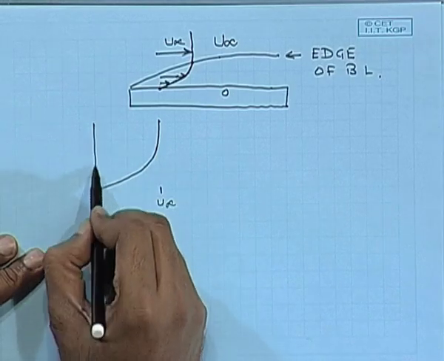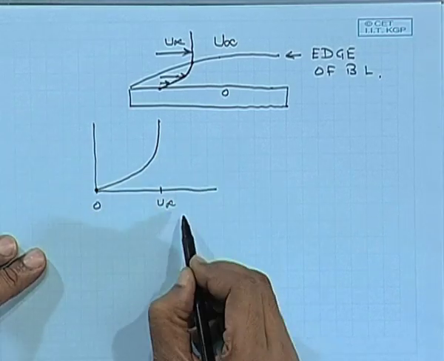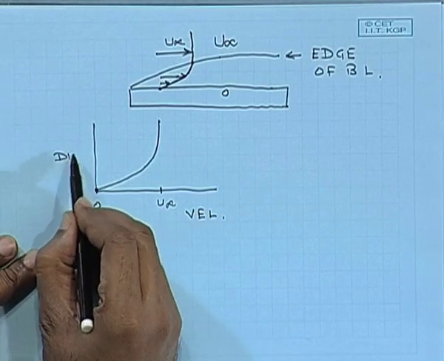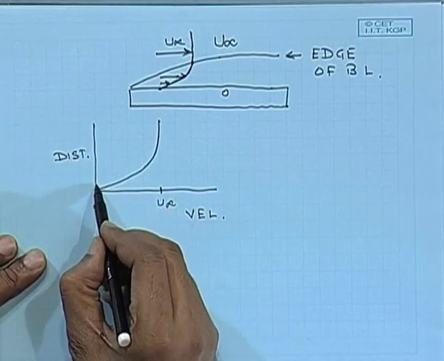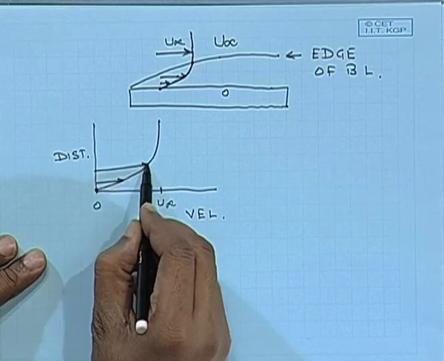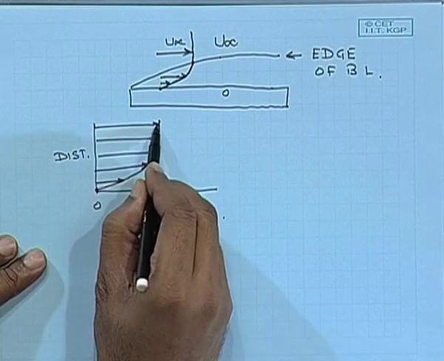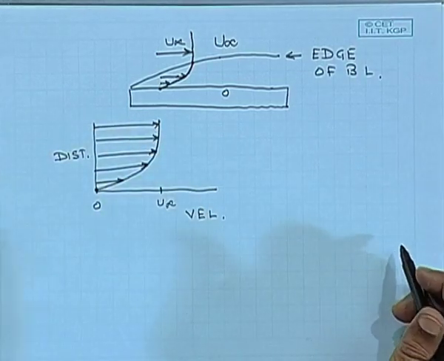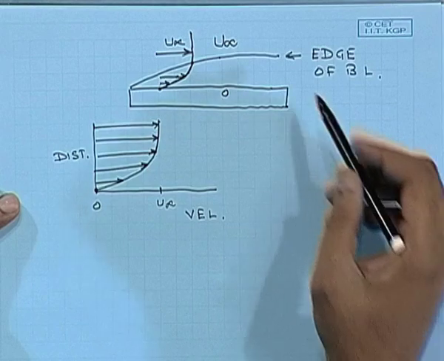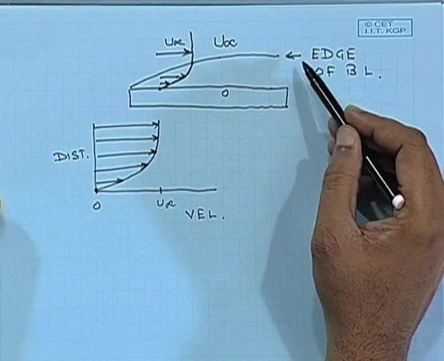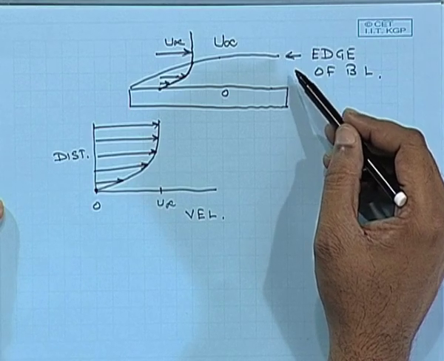Okay. So this is my velocity, and this would be the distance. So the velocity profile would look something like this. Now whenever we talk about this edge of the boundary layer, the question naturally comes, how do I define the edge of the boundary layer?